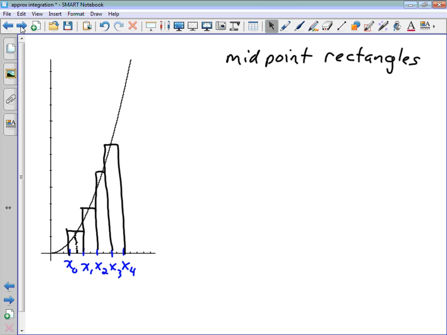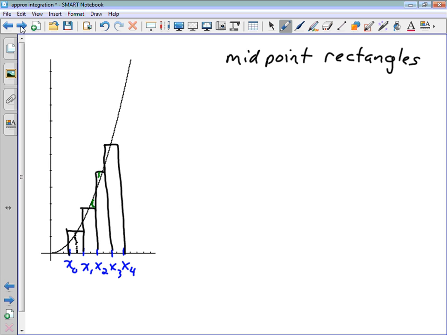If we do this, then this little area under the curve here that is not in our rectangle, but we should count, and this little area over here, which is above our curve and inside our rectangle, will sort of cancel each other out, and we'll get a much better estimate for the area.